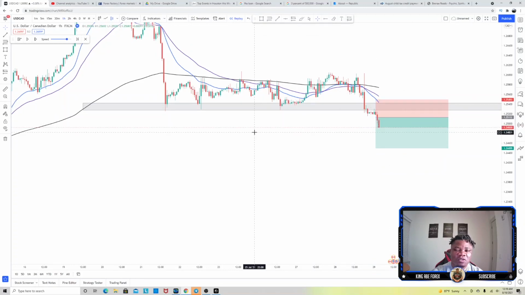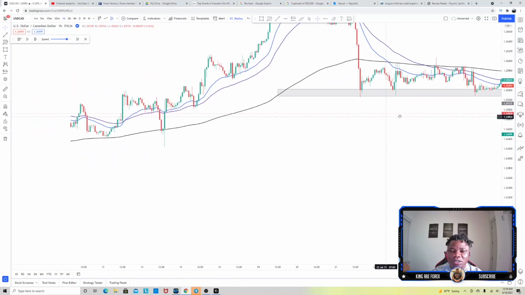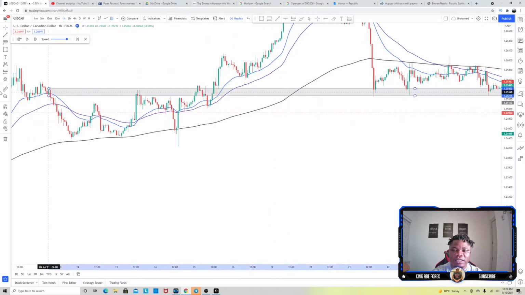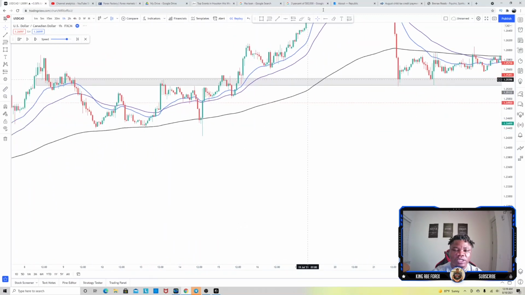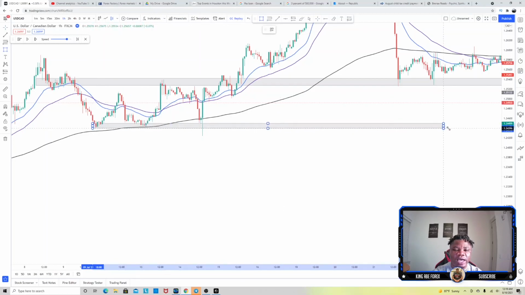To look for our take profit target, we just look to the left-hand side here, and we know we can absolutely target this zone because we have a support zone here, making this a potential target for us.